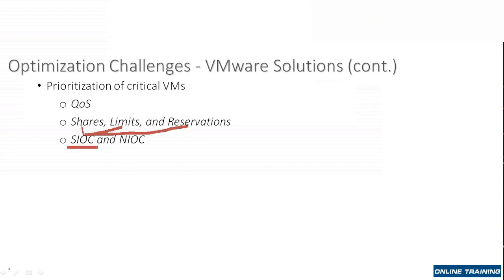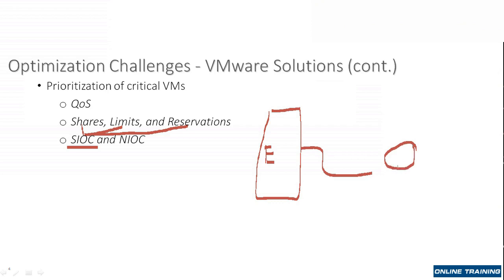So storage I/O control allows you to define shares, limits, and reservations for storage bandwidth. Right? And what I mean by storage bandwidth is this. Here's my ESXi host, right, that my virtual machines run on. And the ESXi host has a physical connection to some sort of storage array out here that's somewhere else in the physical network.